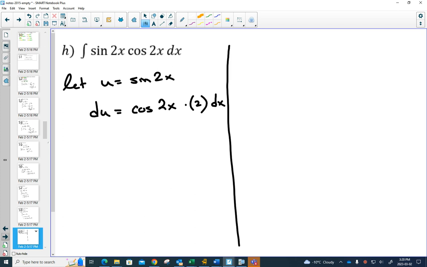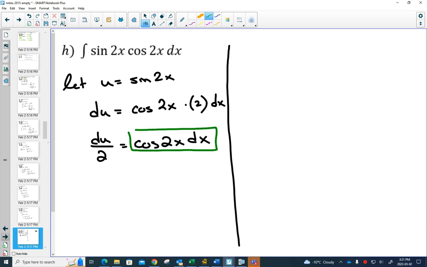That the derivative of sine 2x is cos 2x, but because of the chain rule you have times 2. But we don't have an extra 2 in our equation. So what we have to do is divide both sides by 2 so that this matches up perfectly with this.